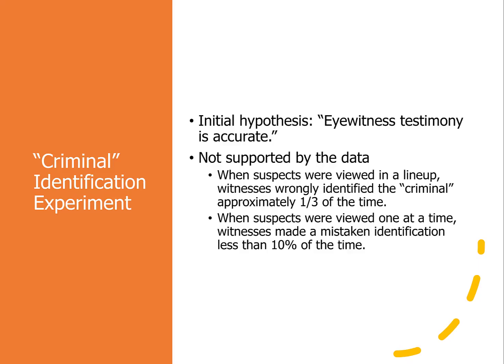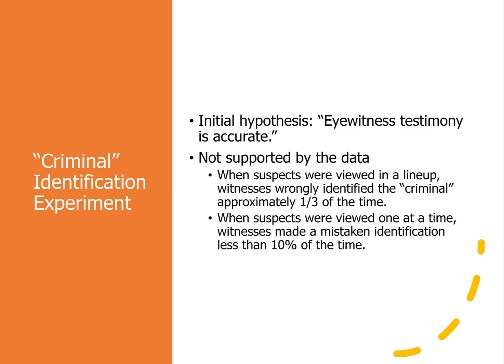So you look for patterns, you determine the findings and conclusions, and if you need to adjust your hypothesis, then you conduct further experiments. So like the criminal identification, they actually did an experiment where they set up a faux crime. They didn't tell the people that witnessed it, and they set it up such that they knew all the details, and then they asked for the eyewitness testimony, and boy, it was all over the place.